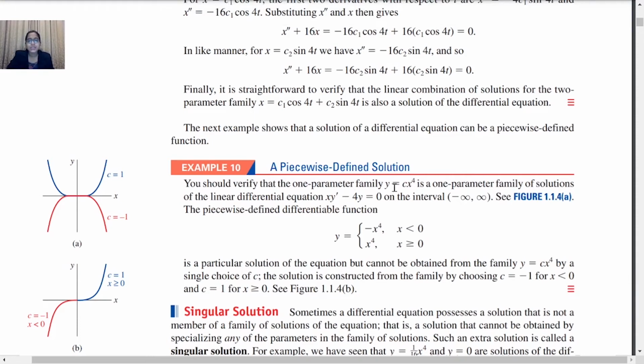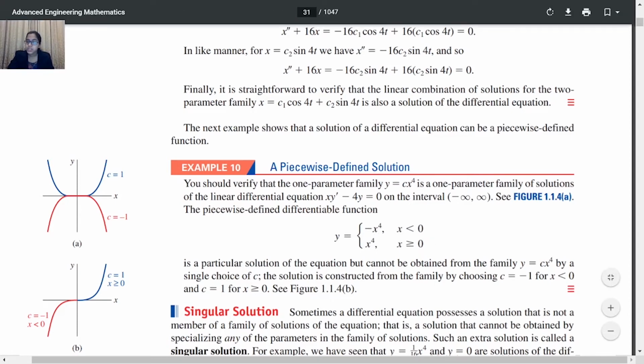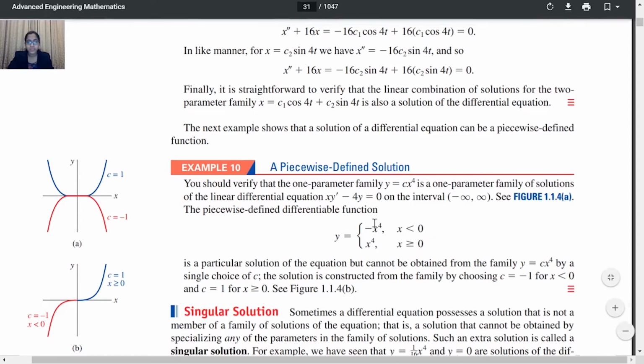y is equal to c into x raised to 4. Here there is just one parameter, so this is a one parameter family of solutions. So y is equal to c into x raised to 4 is a solution of this differential equation. Now if I consider y is equal to minus x raised to 4 when x is less than 0 and x raised to 4 when x is greater than or equal to 0, this is also a solution.